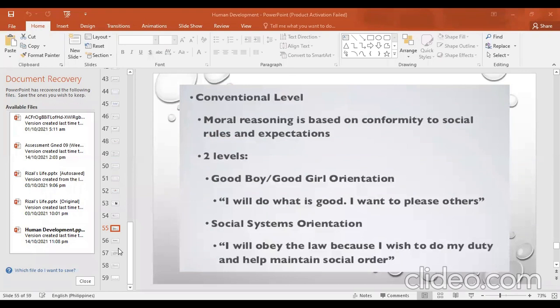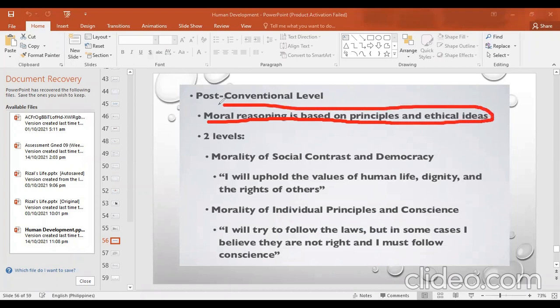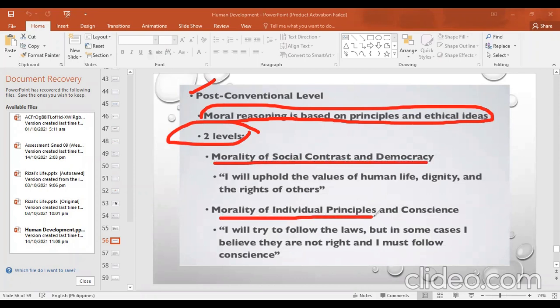So next one, we have the last one, the post-conventional level. So moral reasoning is based on principles and ethical ideas. So under ng post-conventional level, meron tayong two levels. We have morality of social contract and democracy, and also morality of individual principles and conscience.